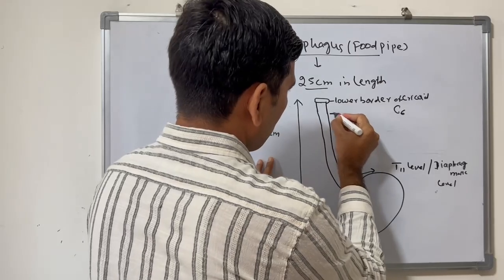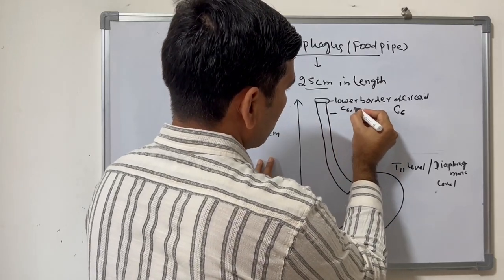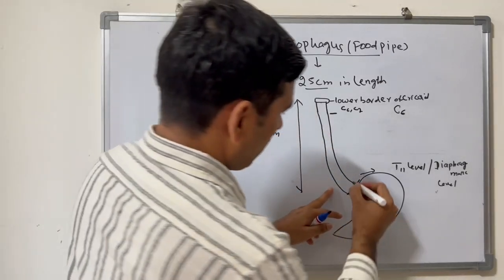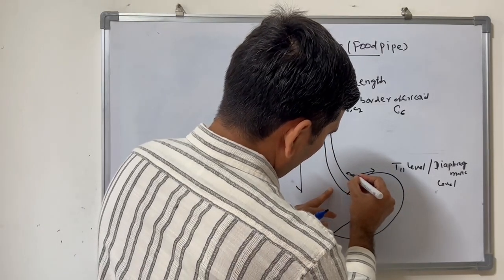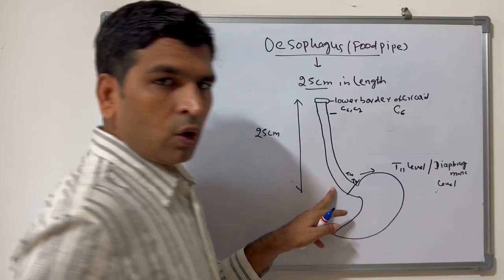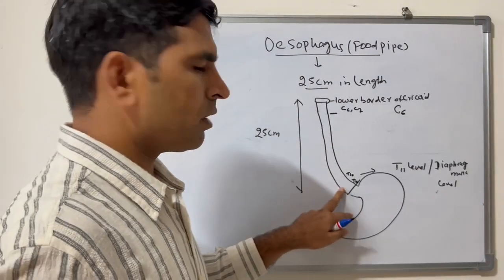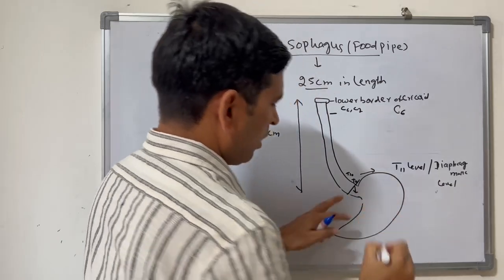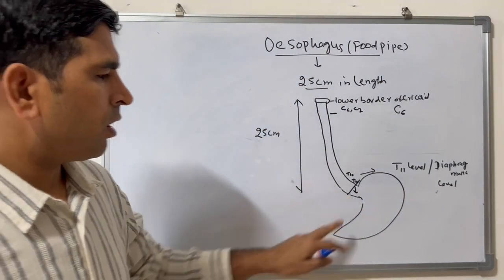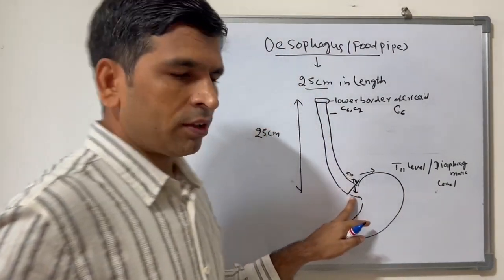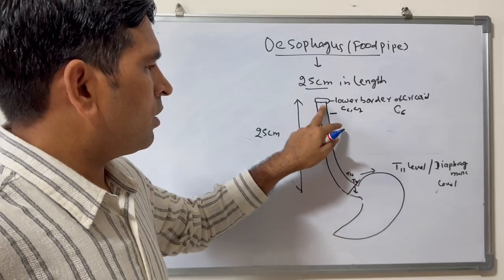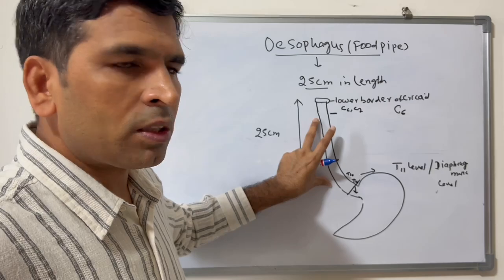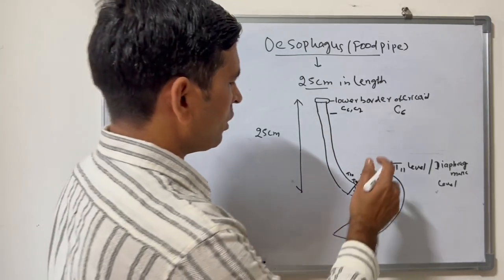It's divided into three parts. This part up to C6 and C7 is called the cervical esophagus, and from T10 or T11, this part is called the abdominal esophagus. The rest, this longest segment, is the thoracic esophagus.